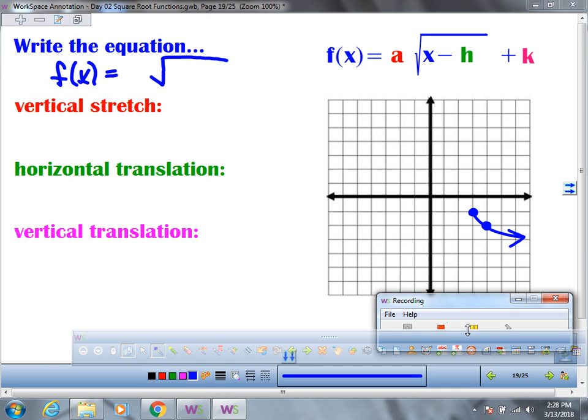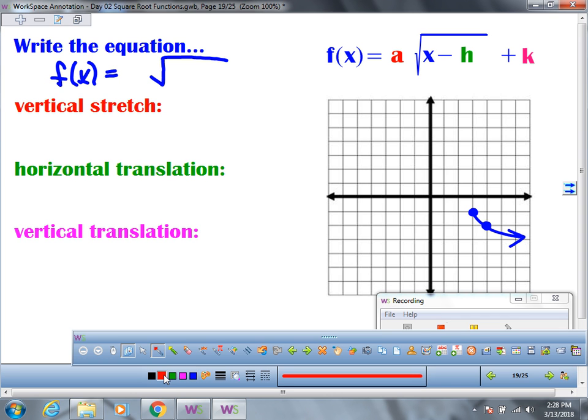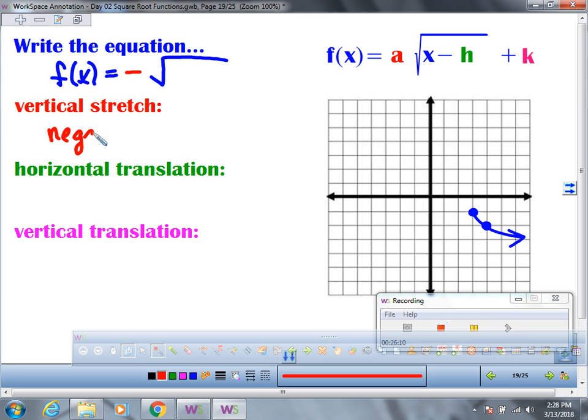Recording. Okay, so first of all, I'm going to look at that stretch. My stretch, over 1, down 1. So it's going to be -1 or just a negative sign. So the stretch is negative, going down in that direction.